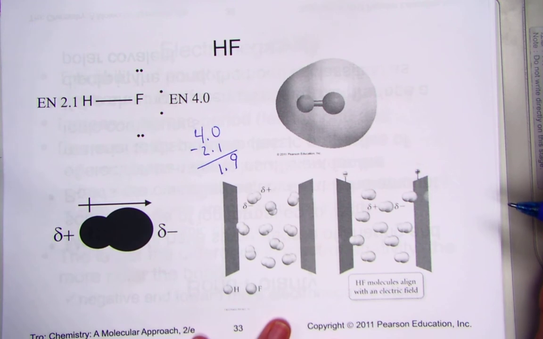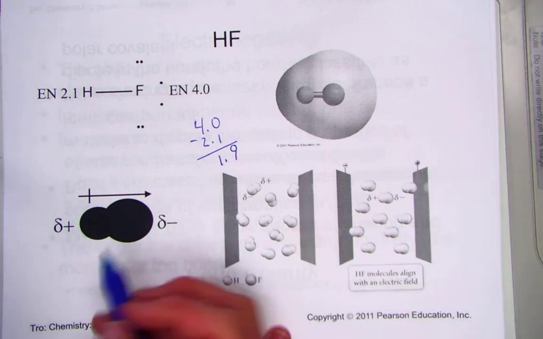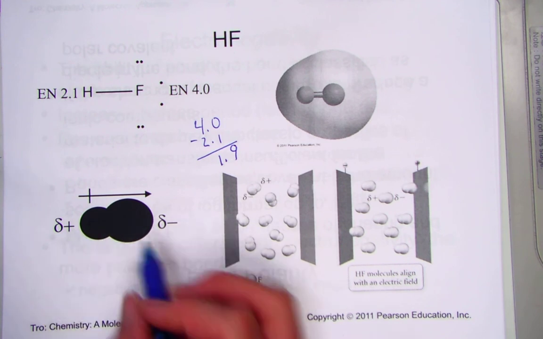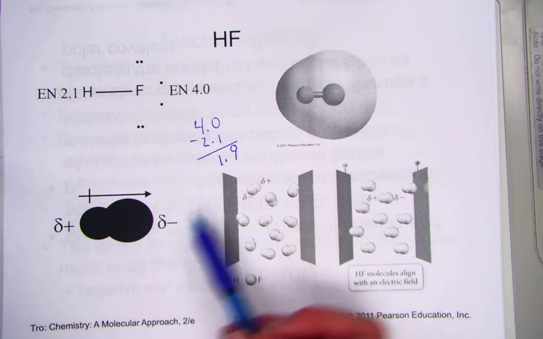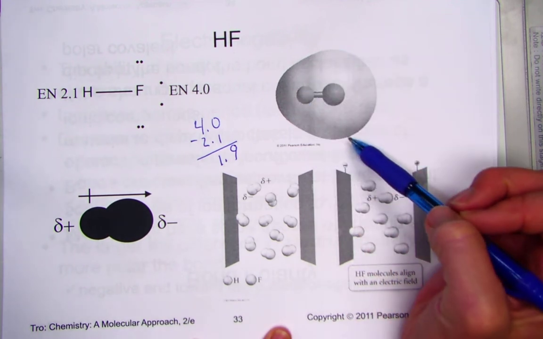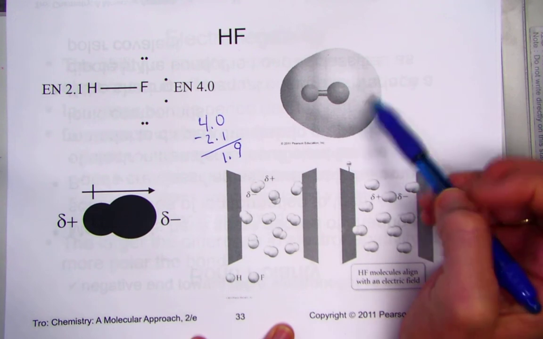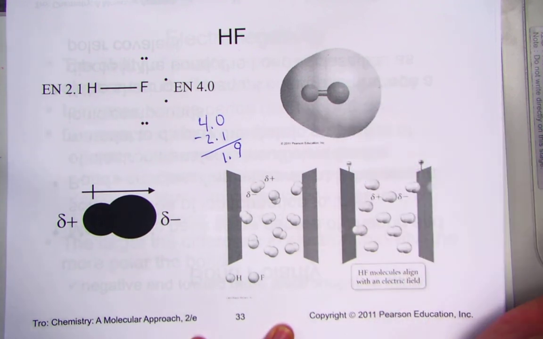An electronegativity difference of 1.9 shows a very strong polar covalent bond, where the hydrogen on this side ends up with a partial positive. The fluorine on this side has a partial negative. And if you are viewing this in a colored PowerPoint, you can definitely see the region that is red having more electron density on the fluorine as compared to the hydrogen.